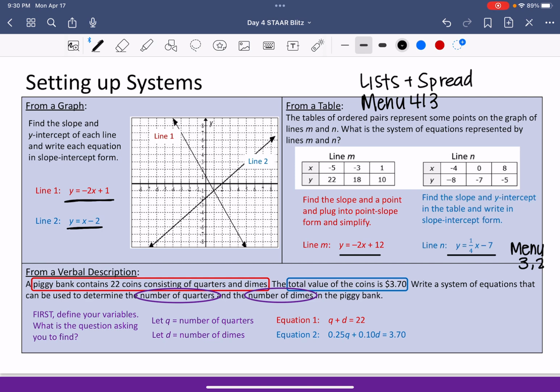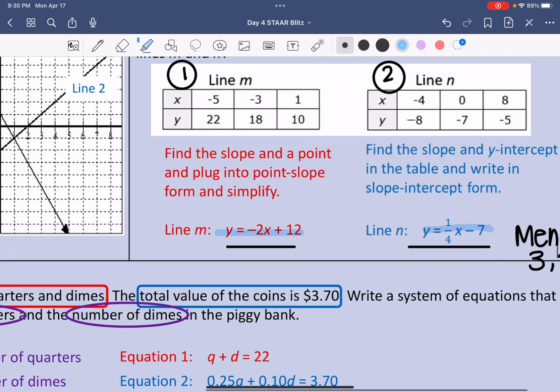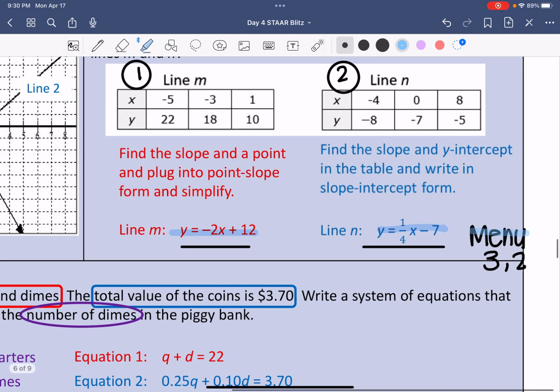In this case, you're going to have to do it twice, once for line M and once for line N. Then it's going to ask you, what's the solution to this system? Now that you have your equations, y equals 2x plus 12, and y equals 1 over 4x minus 7, you use menu 3, 2 to find your solution. You only use menu 3, 2 if it wants you to find your solution.